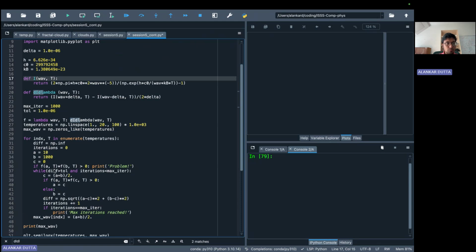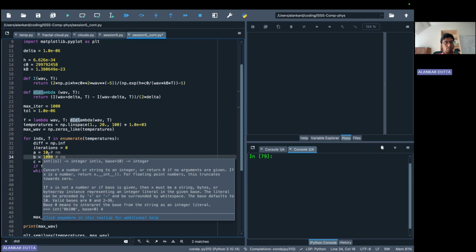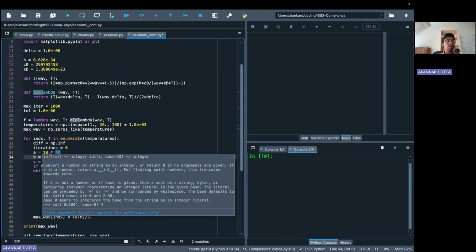So before calling these functions, this is A times 1.0E-9. This converts to nanometers, and B is also. So we are looking at wavelengths between 10 and 1000 nanometers, right?